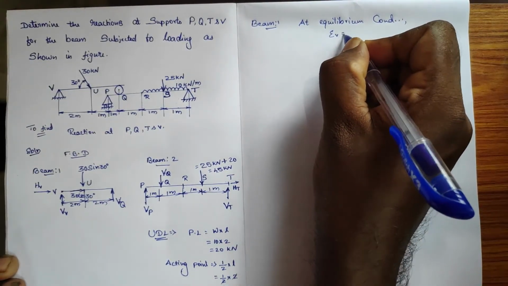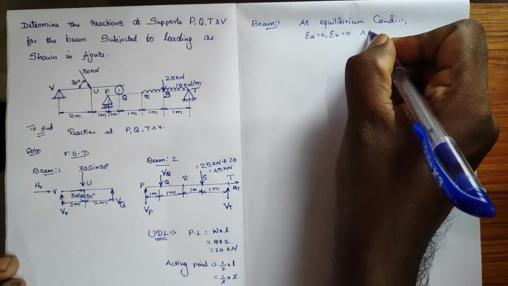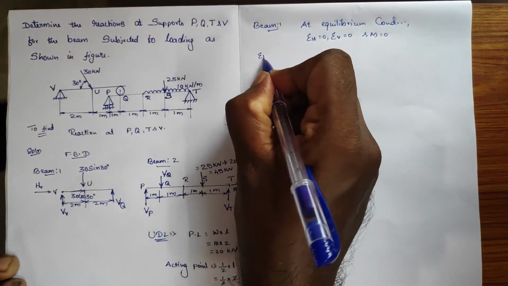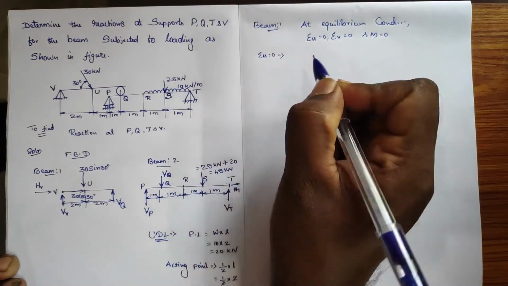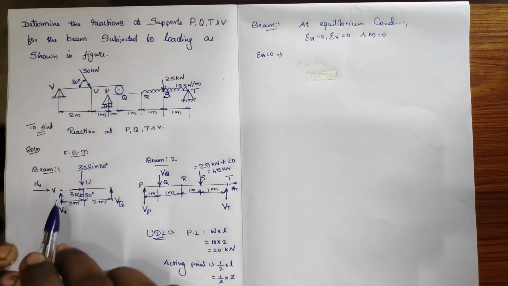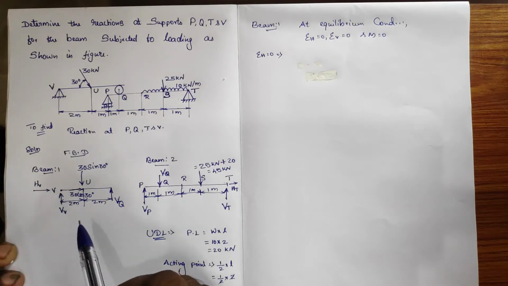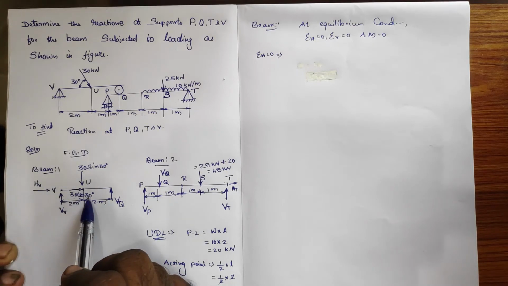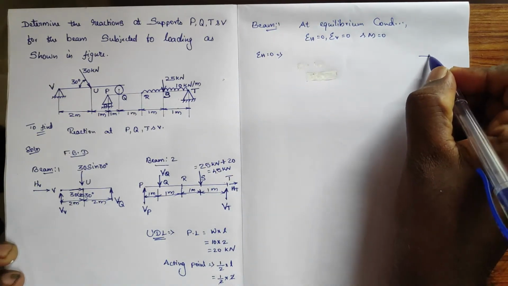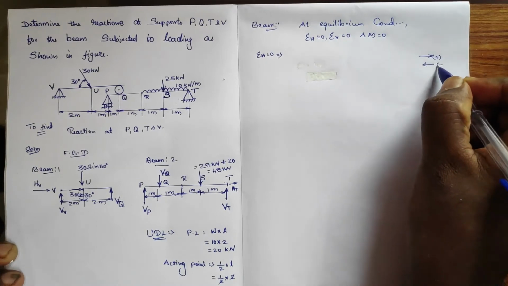Sum of vertical force is equal to 0, sum of horizontal force is equal to 0, and moment is equal to 0. First apply the sum of horizontal force is equal to 0. In beam 1 we have HV, and one more force, 30 cos 30 degree. The force directed towards the right side is positive, towards left is negative.